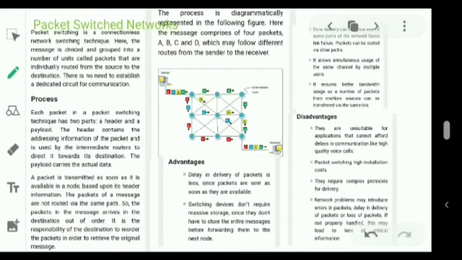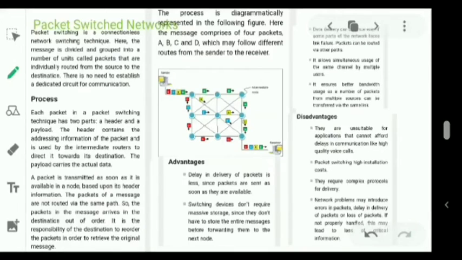There are two approaches we use here. One is the datagram approach, which is connectionless. Another is the virtual circuit approach. These are the two switching approaches, and we are not going into the details.